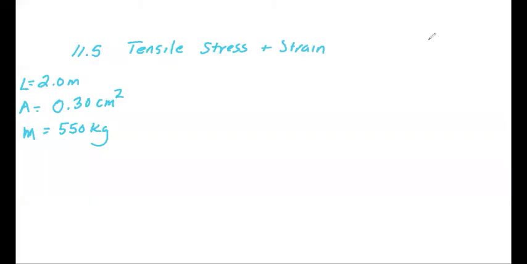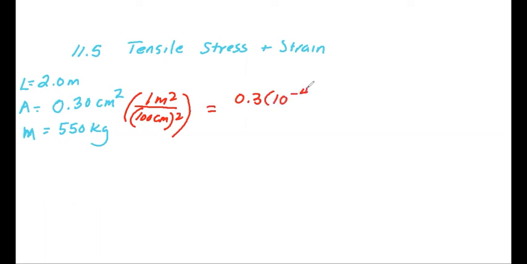Okay, so I know that I'm going to have to convert this into meters squared. So 100 centimeters quantity squared equals 1 meter squared. So that's going to give me 0.3 times 10 to the negative 4th meters squared, or 3.0 times 10 to the negative 5th meters squared. Okay, so it's being pulled.